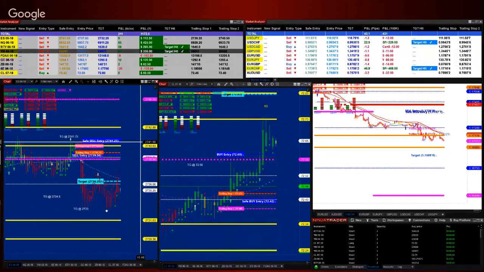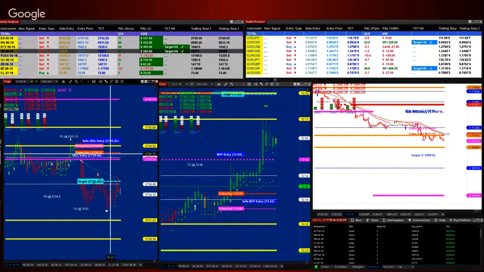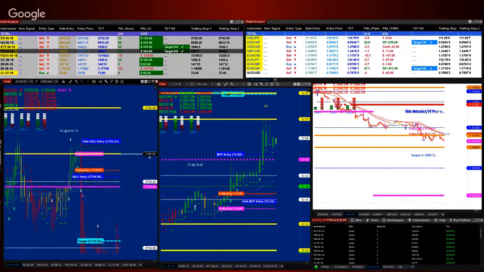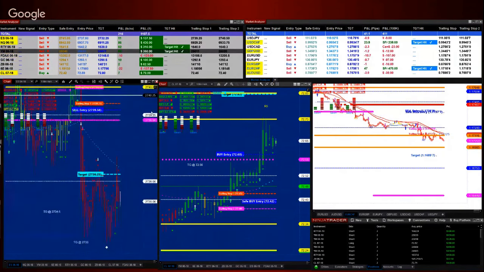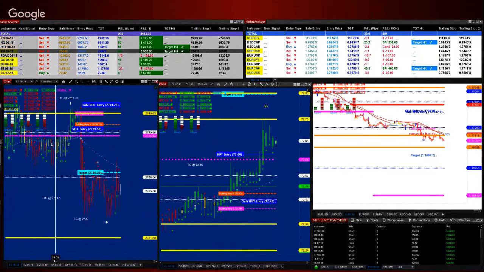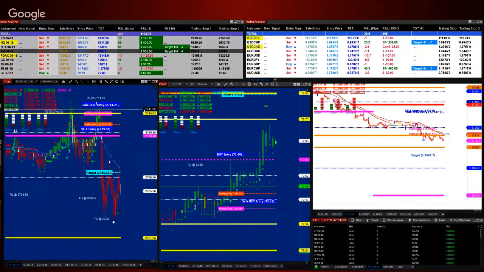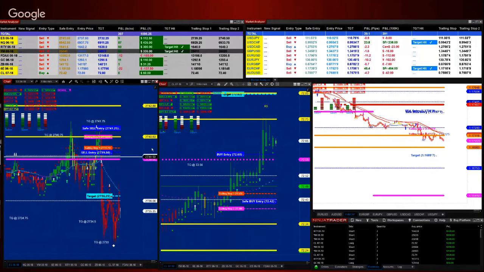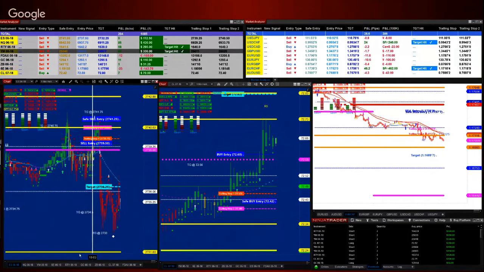Here is your ES. We're still on the short side. We had the sell entry, and we already hit the target.